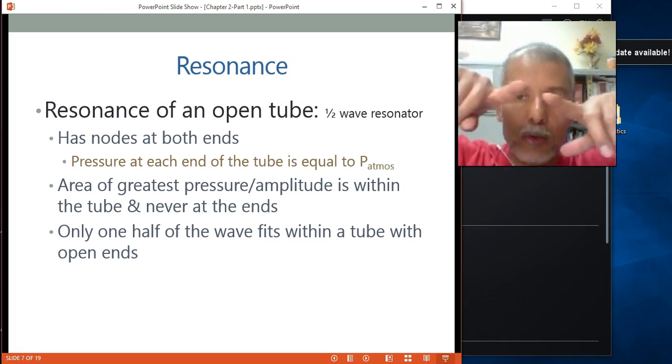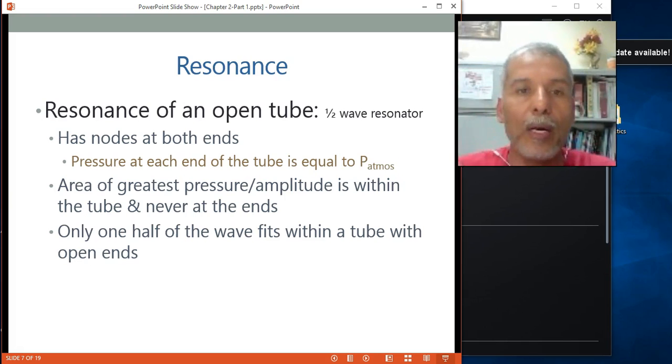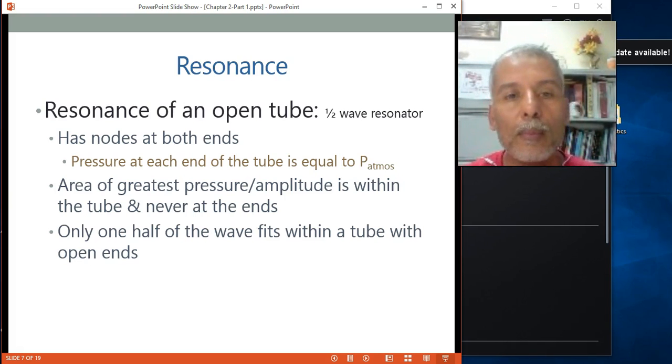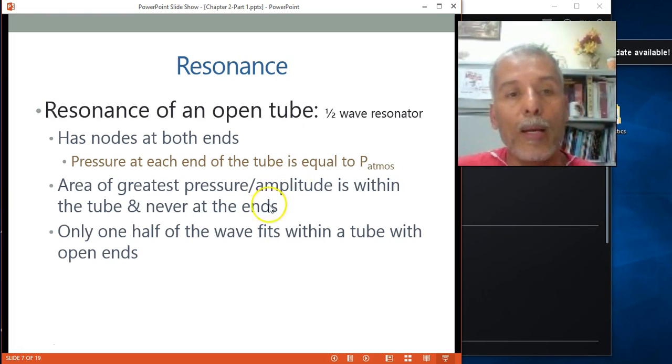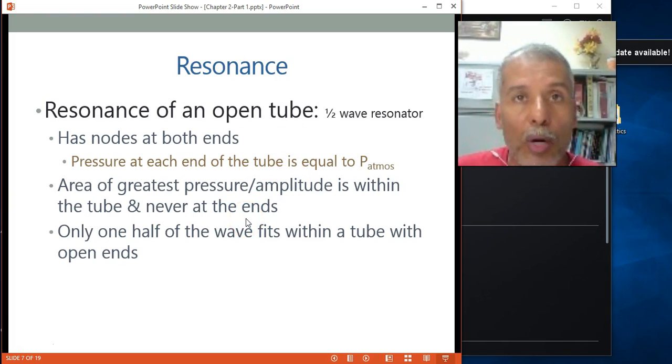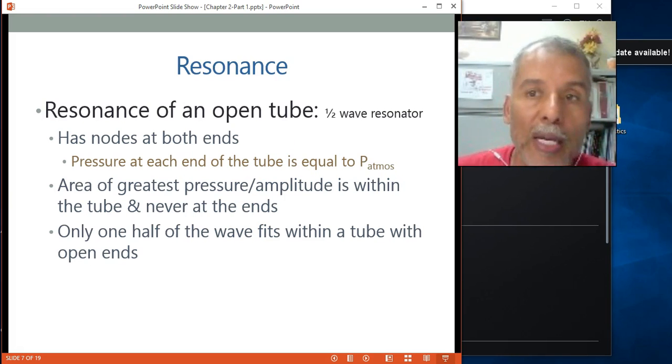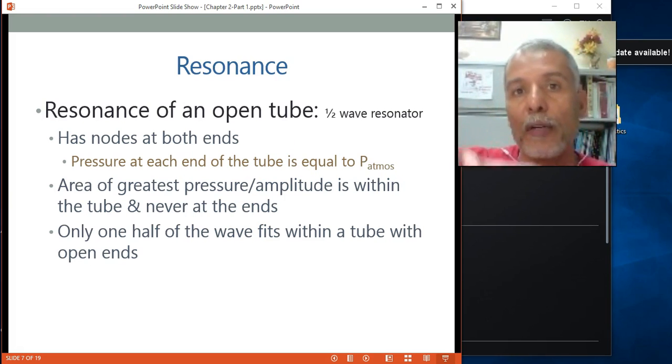The biggest amount of pressure will be in the center of the tube. So again, the first time only 1/2 of that wave will fit. The second time, one whole wave will fit. Every time it repeats, it's going to fit a half more, a half more, a half more.